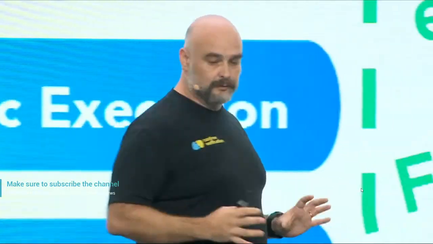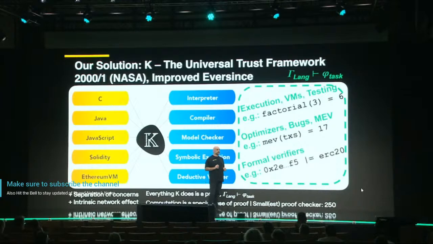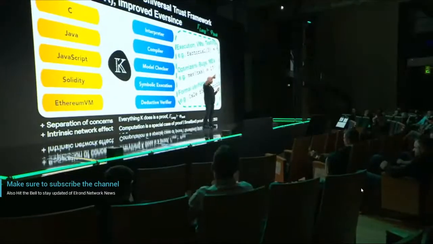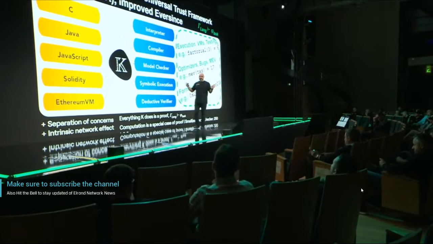This is a lot of power. So this is for developers. Instead of having n times m combinations of language-tool combinations, now you have n plus m. If you have n languages and m tools, you have n plus m things that you have to develop, and all of them completely independent of each other.